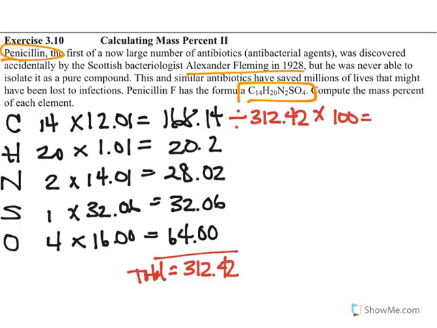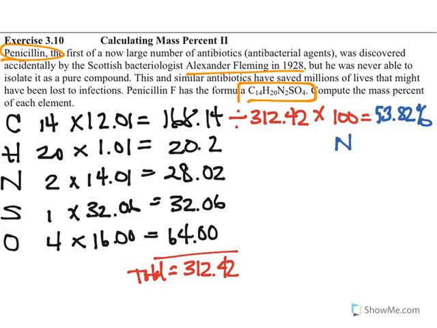Okay, so you should have done work that looked something like mine. Your total mass for the compound should have been 312.42. You're going to divide the mass of each individual element by that total and then multiply by 100. So for carbon, you should have gotten 53.82%.